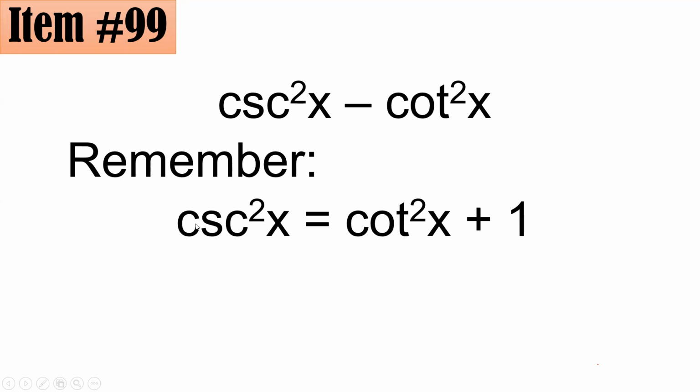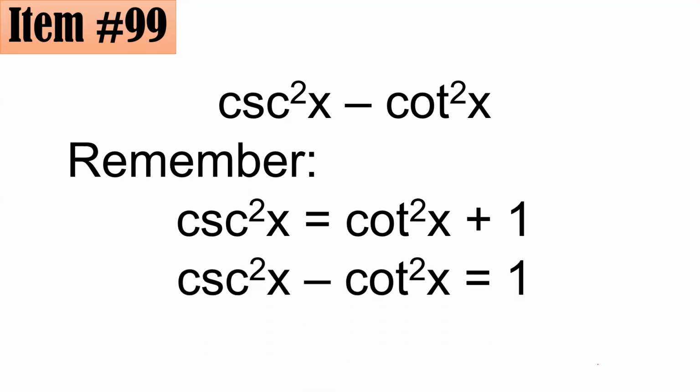That's why, from this given equation, the cotangent squared x, which is positive on the right-hand side, mag-subtract po tayo, di ba? Ito po ay magiging negative sa ating left-hand side. That's why you have cosecant squared x minus cotangent squared x equals 1. Letter C.